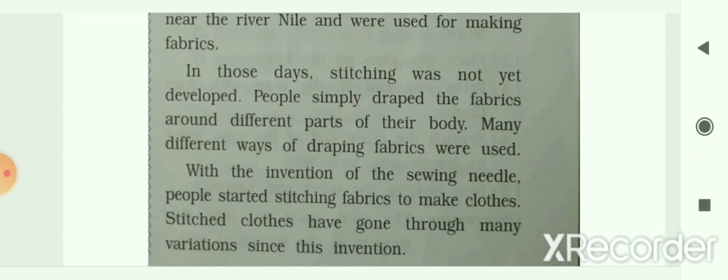In those days, stitching was not yet developed and people simply wrapped the fabrics around different parts of their body, and many different ways of wrapping fabrics were used. With the invention of the sewing needle, people started stitching fabrics to make clothes, and stitched clothes have gone through many variations since this invention. So this is the history of clothing materials.